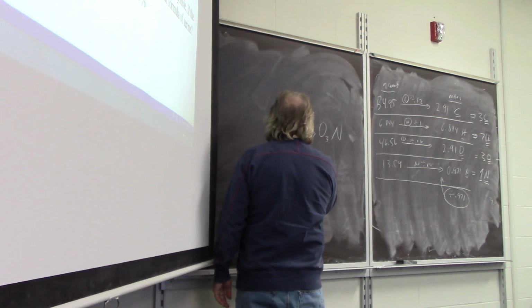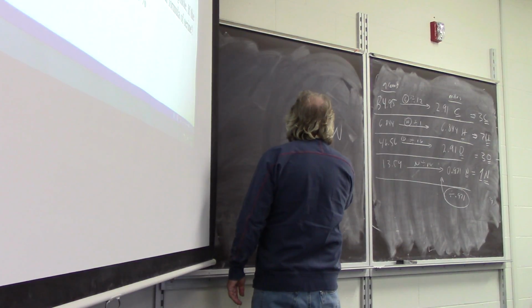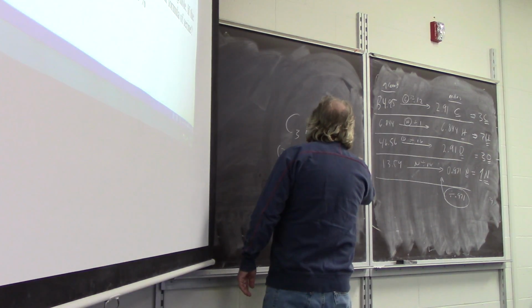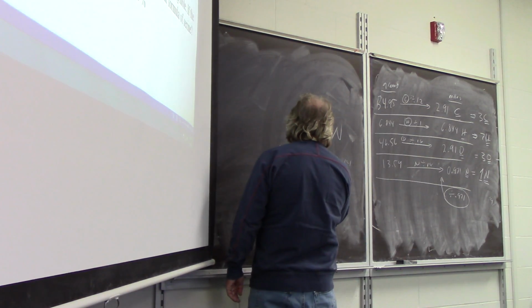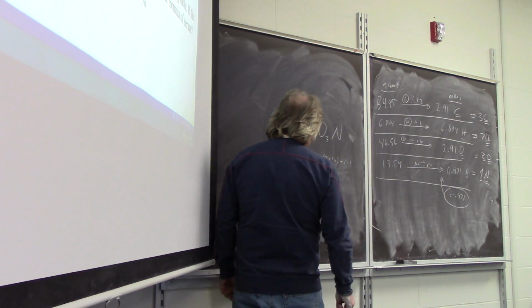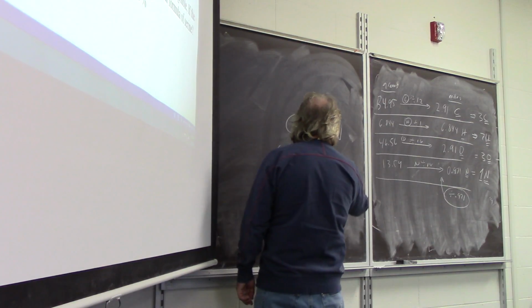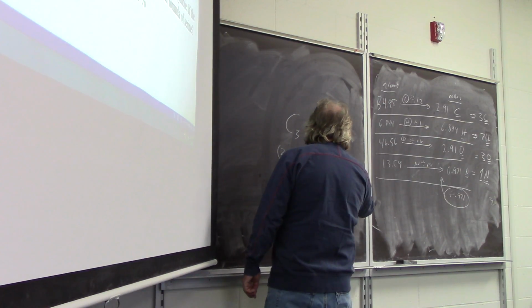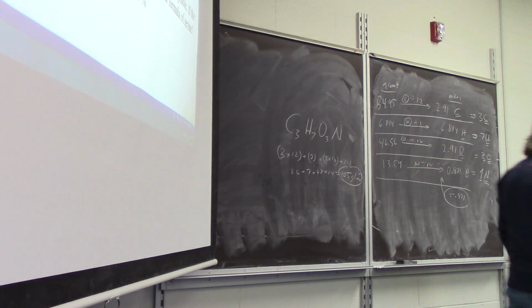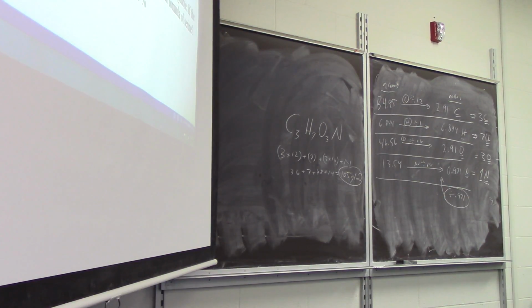So it's going to be 3 times 12 plus 7 plus 3 times 16 plus 14. 43, 91, 104. 104. Okay, so it says it's about 100, and I'd say that's close enough. So the empirical formula and the molecular formula are the same.